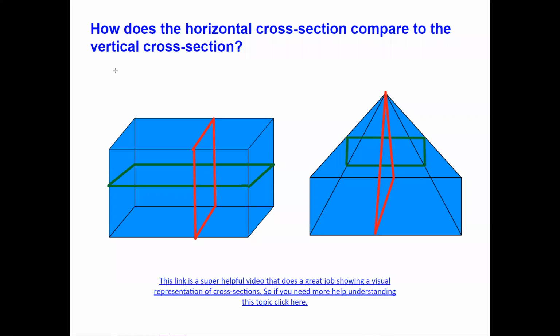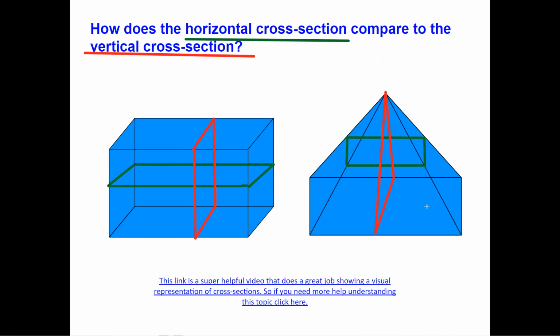So I've done the vertical cross sections in red and I did the horizontal cross sections in green. So for this one, both of them are actually squares because the lateral face is a rectangle for the vertical cross section and the base is a rectangle for the horizontal cross section.